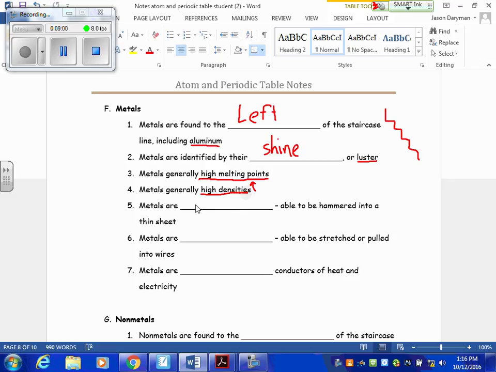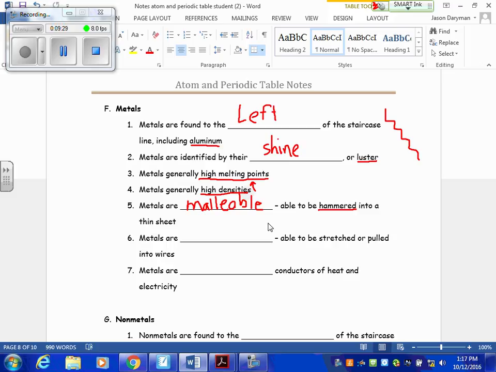Metals are, here's a fancy word, malleable. Say it with me to yourself. Malleable. And that means that they're able to be beaten or hammered into a thin sheet. They're soft. They can be forged when hot. They can be shaped into whatever shape we need, like aluminum foil or sheet metal.